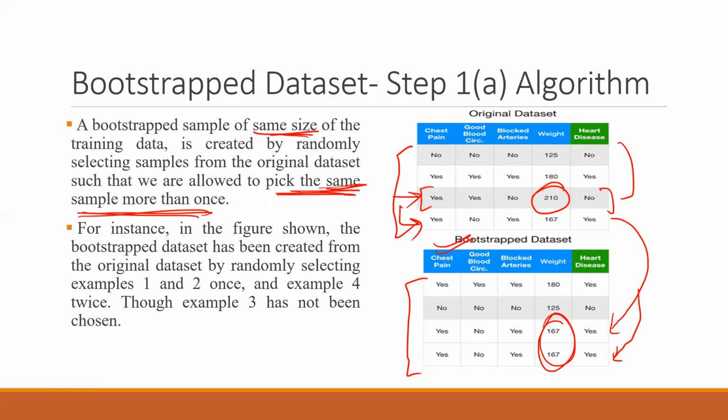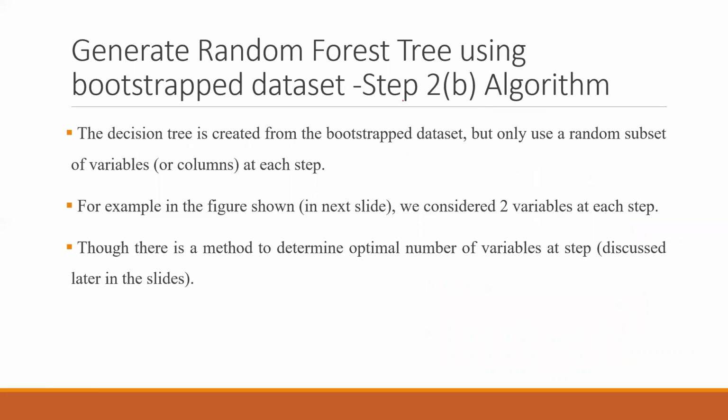This was the basic idea I was trying to give you earlier, that while making the bootstrap dataset, you can have some duplication of rows, but the number of rows has to be the same. For instance, in the figure shown, the bootstrap dataset has been created from the original dataset. These things I have already told you. But now generate the random forest using the bootstrap dataset.